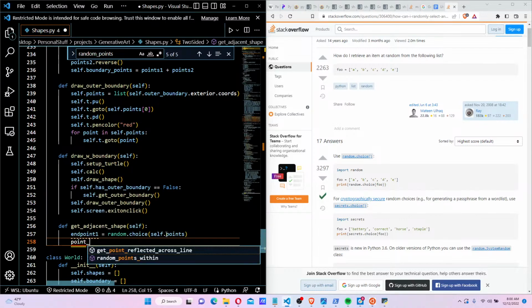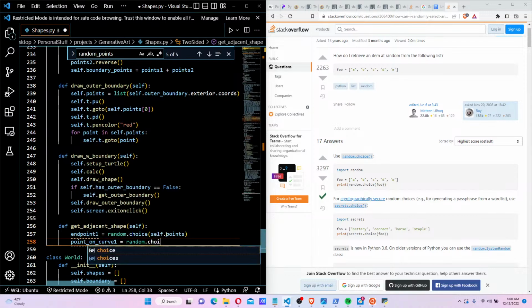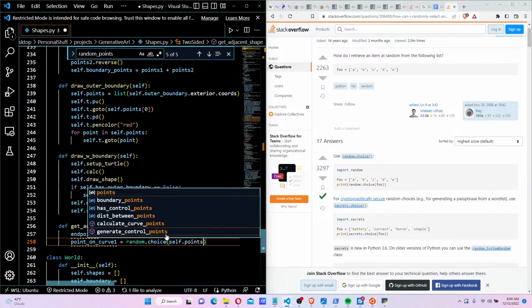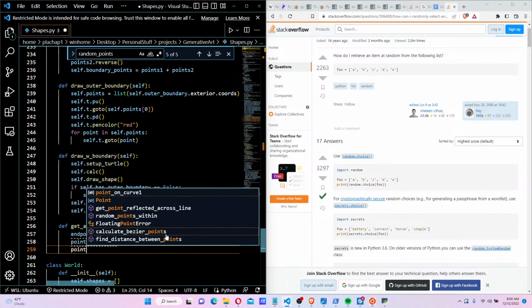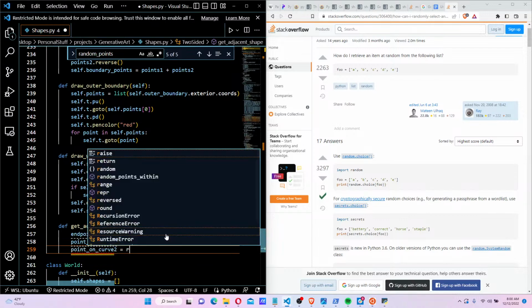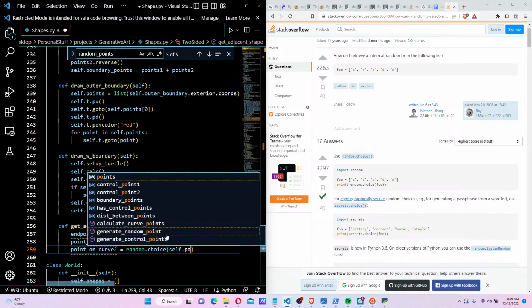Point on curve 1 is equal to random dot choice of self dot points, and point on curve 2 is equal to random dot choice of self dot points.